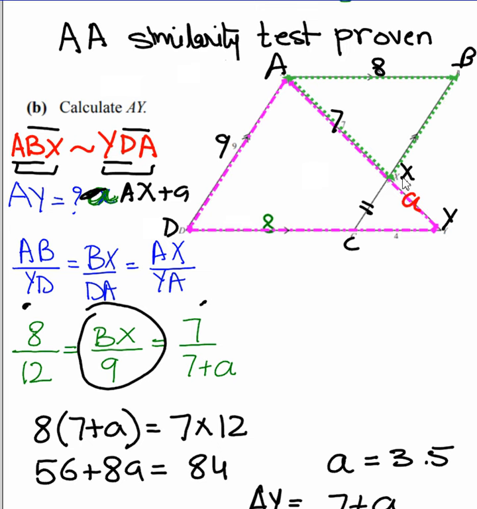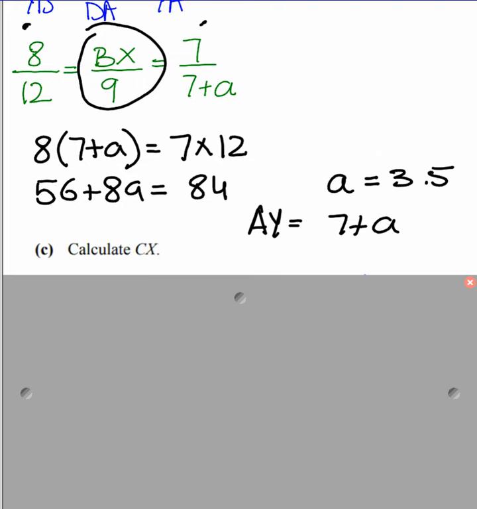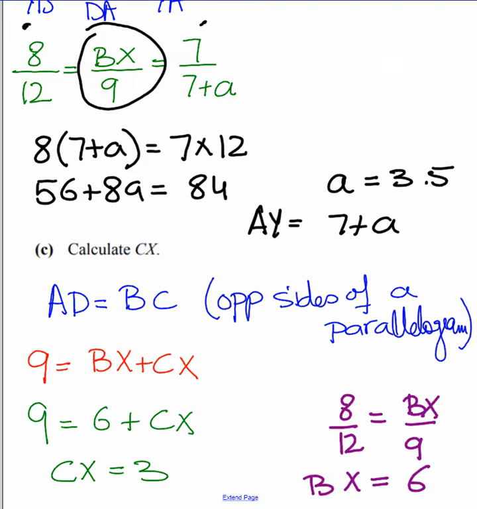So if I can find out BX, then I can subtract this value from 9 and I will get CX. Agreed? So I can just use this ratio to find out BX. Once I know BX, I'll subtract this value from 9 and get this. Okay? Because in the parallelogram, opposite sides are equal. So this is what I have done here. You can see I found BX is 6 and then I subtracted to get CX.